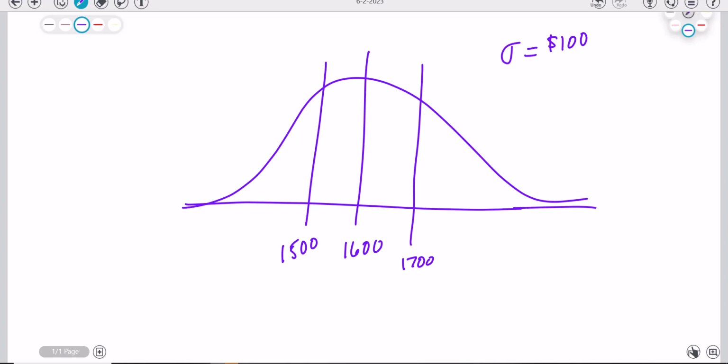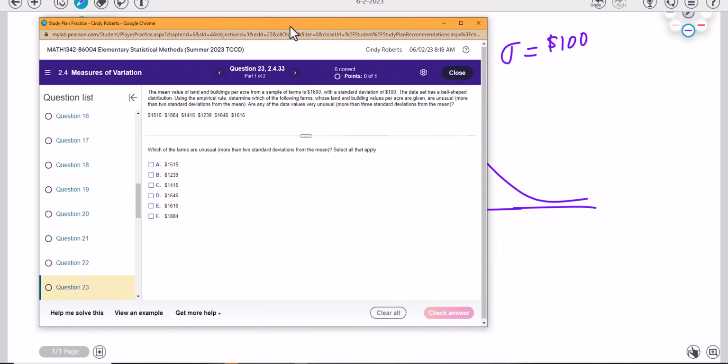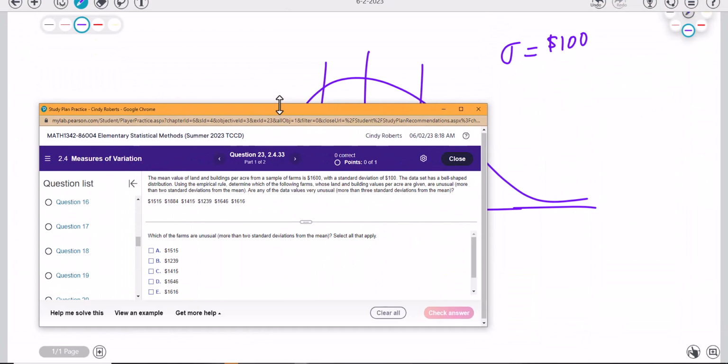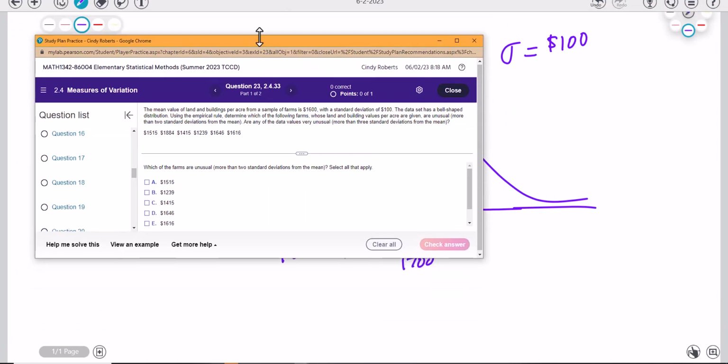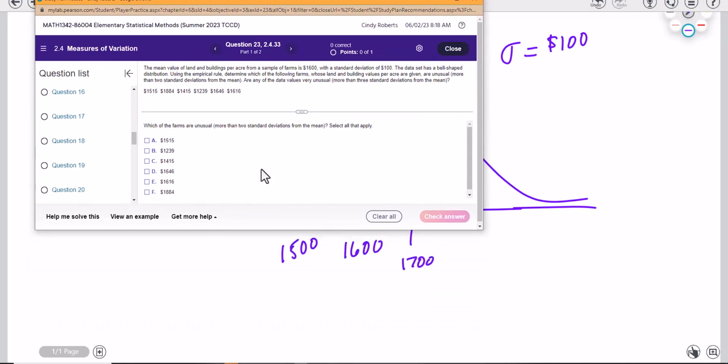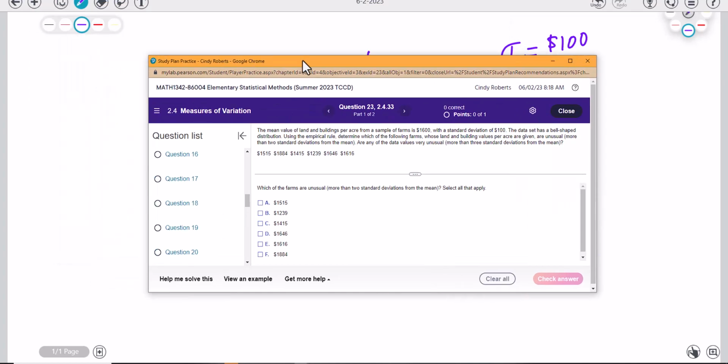So the first part that it's asking, if I can make this a little bit smaller to get it to fit, so you can still see my curve here. It's saying which of the farms are unusual, more than 2 standard deviations from the mean.